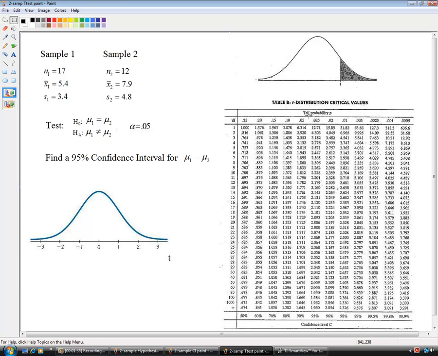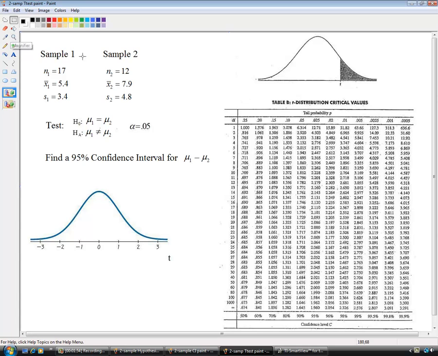Alright, and here I have the t-distribution set up here so we can find our rejection region. Let's do that first. We have alpha is 0.05, so we're going to cut that in half and use 0.025. And we're looking for n1 plus n2 minus 2 degrees of freedom.